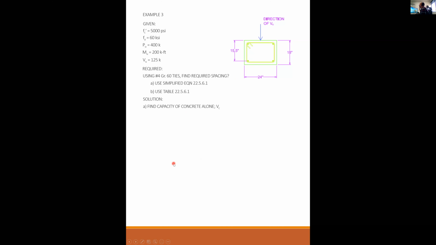Solution. So we need to find the capacity of the concrete alone, Vc. So Vc is 2 times (1 plus Nu over 2000 Ag) times lambda times square root of f prime c times bw d. So we're going to use 2 times (1 plus, okay, the factored axial load is 400 kips. That's 400,000 pounds divided by 2,000 times the gross area, which is 24 times 18.